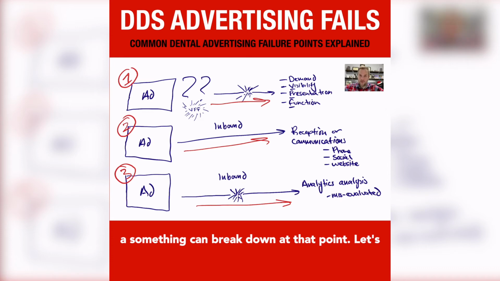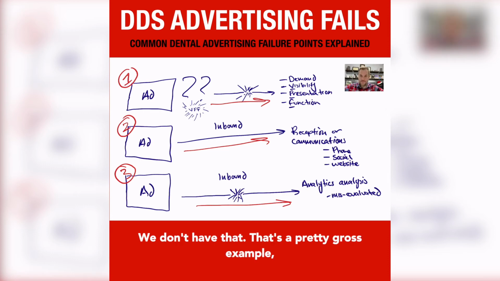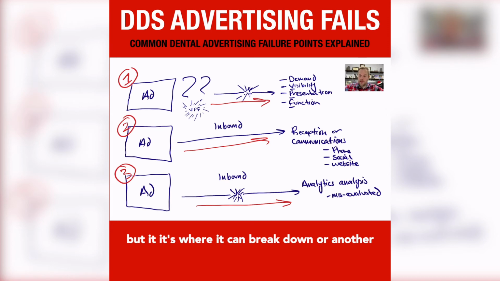Something can break down at that point. Let's say that person on the phone isn't trained or oriented on the campaign special that you put out. And so someone says, oh, I'm inquiring about the $99 new patient special. Let's just hypothetically say they respond, oh, I'm sorry, sir, we don't have that. That's a pretty gross example, but it's where it can break down.